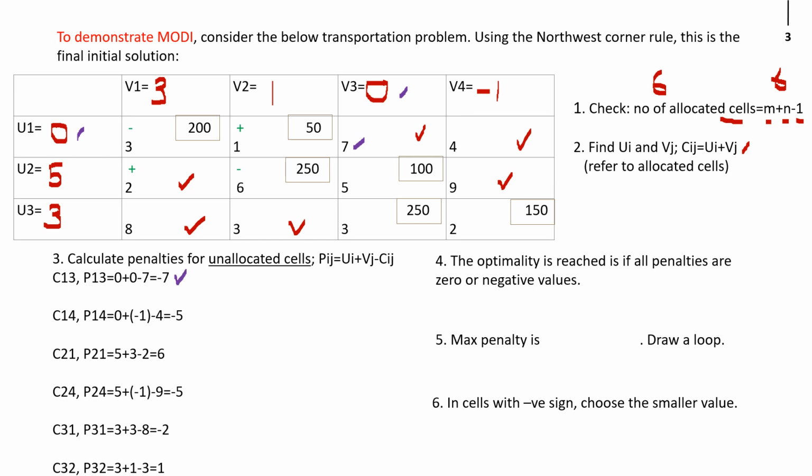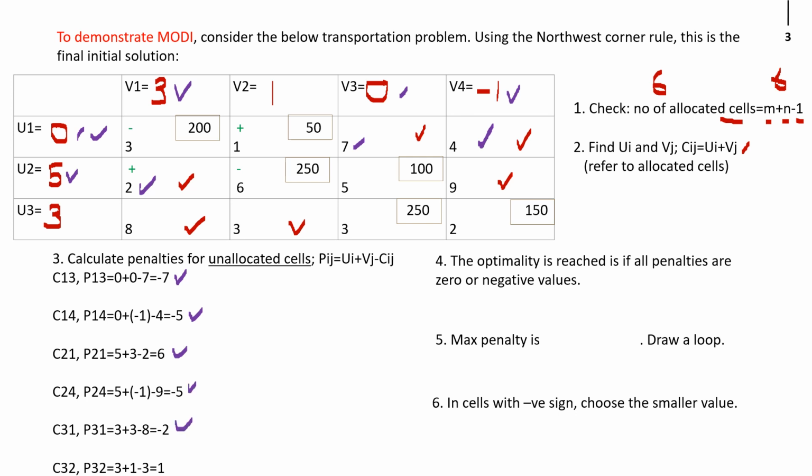For C14, 0 plus negative 1 minus 4. So we have negative 5. And for C21, 5 plus 3 minus 2, we have 6.